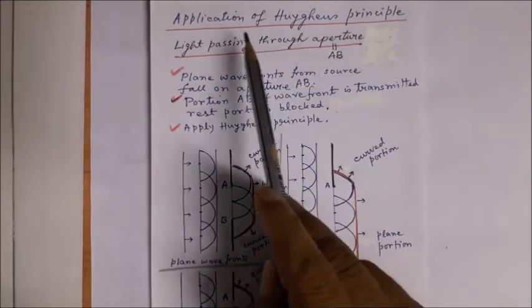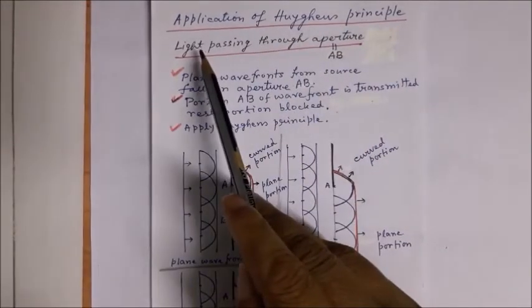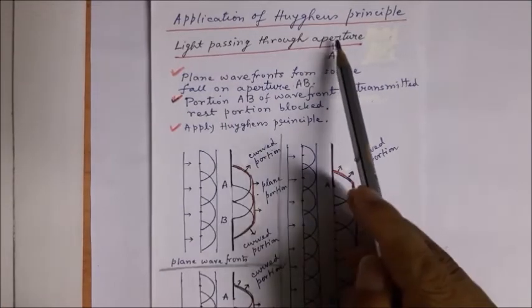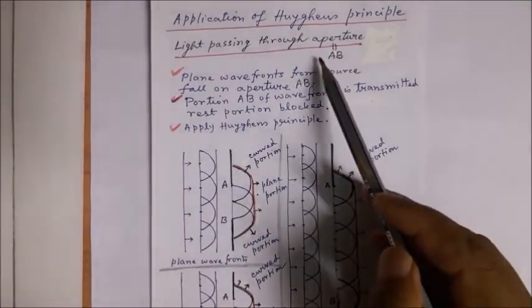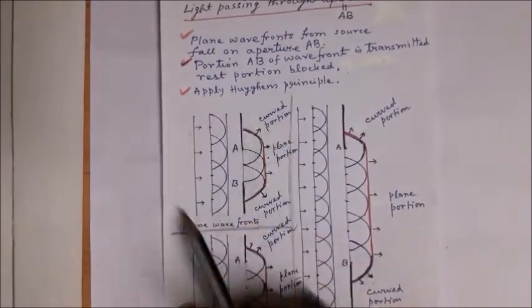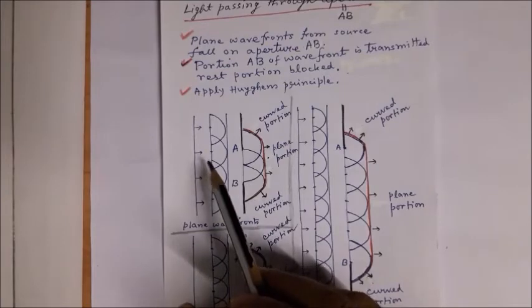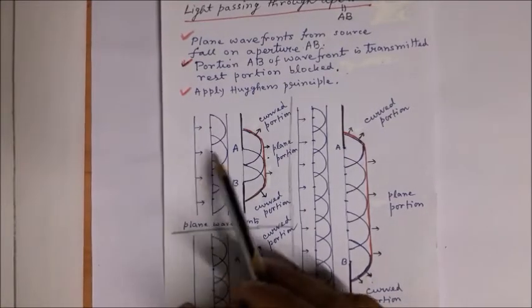Let us consider the application of Huygens principle in the case of light passing through an aperture, and the aperture in our diagram will be denoted by AB. So let us concentrate on the first figure. Here the source is at infinite distance and therefore the rays are parallel.